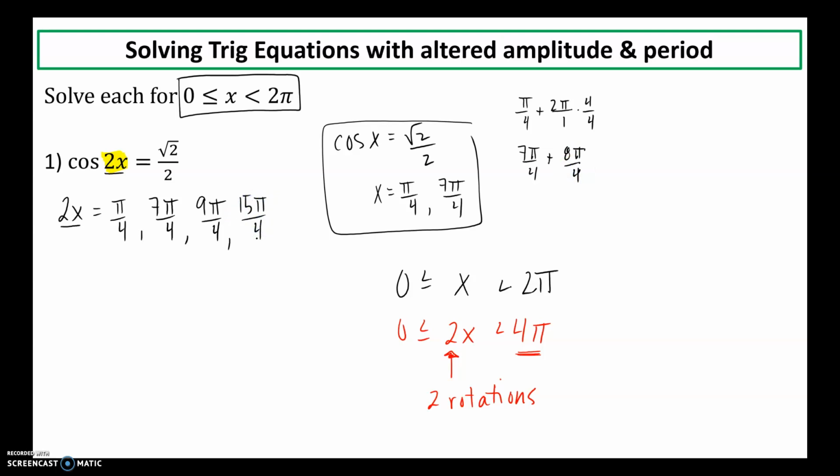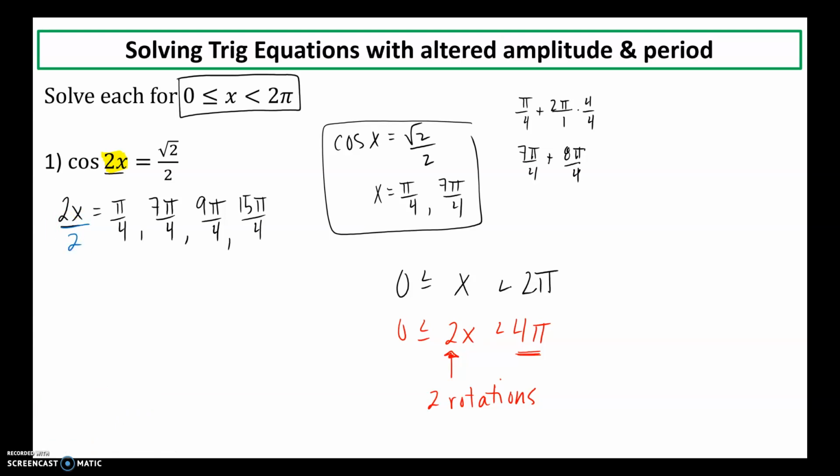Okay, but the goal is to solve for x. So even though that 2 told me that I have to rotate around the unit circle 2 times, which means I have 2 quadrant 1 angles and 2 quadrant 4 angles, my final step is going to be to divide by 2 to solve for x.